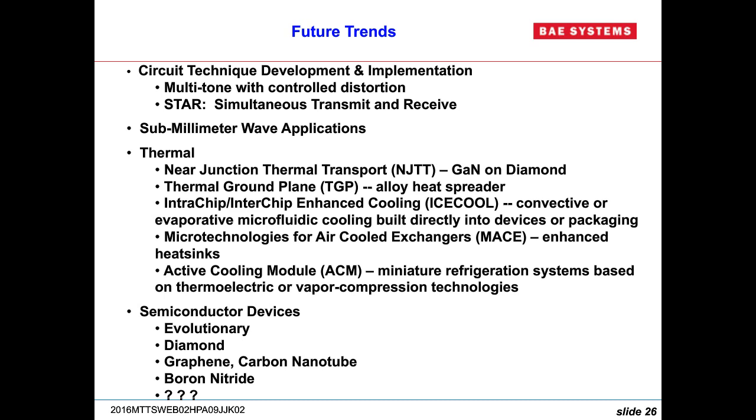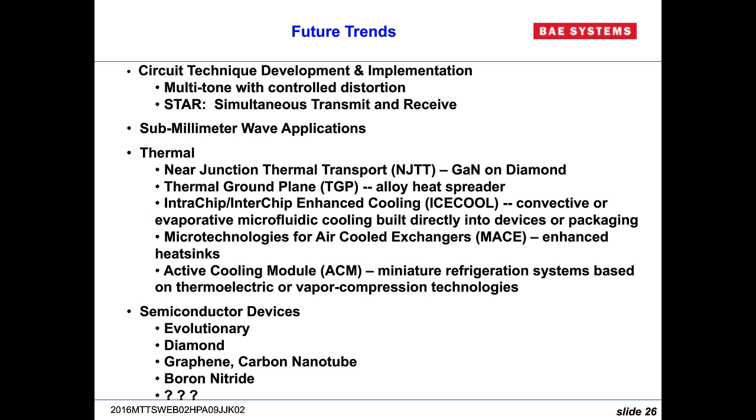So there'll be a continuing effort in the pre-distorters like digital pre-distortion that are on the scene today. And there will be continuous focus on developing simultaneous transmit and receive techniques that allow you to reuse some of the bandwidth and get more information capacity through the same bandwidth.